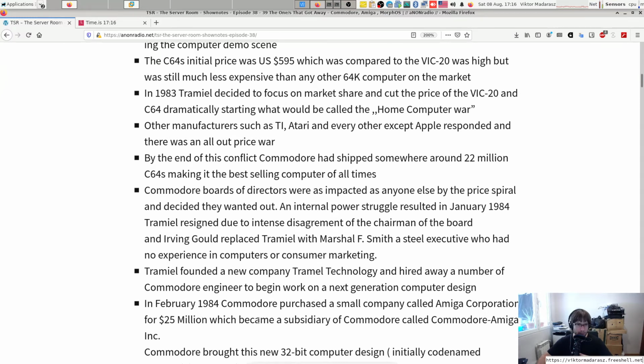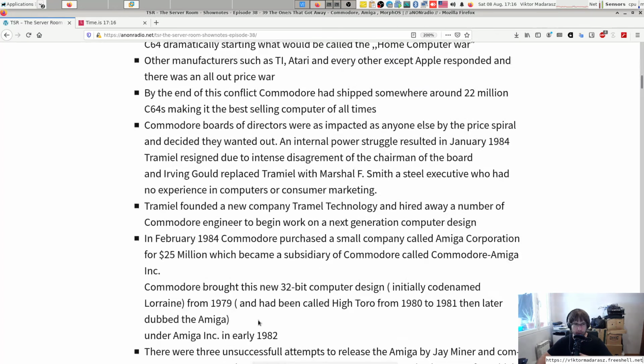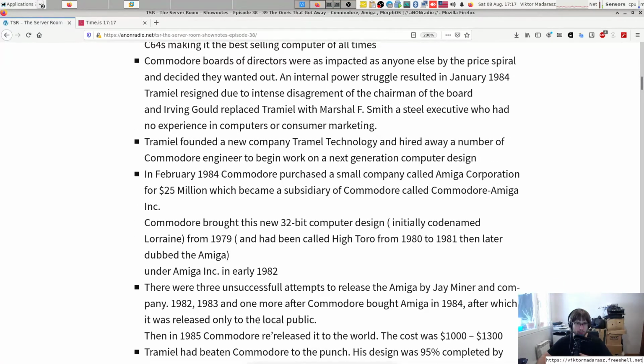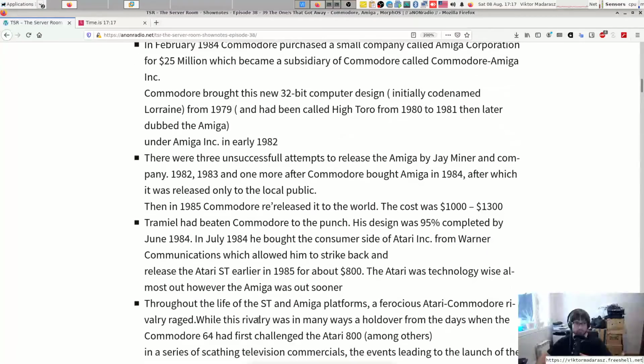In February 1984, Commodore purchased a small company called Amiga Corporation for $25 million, which became a subsidiary of Commodore called Commodore Amiga Inc. Commodore brought this new 32-bit computer design, which initially was codenamed Lorraine from 1979 and had been called High Toro from 1980 to 1981, then later dubbed the Amiga under Amiga Inc. in early 1982.